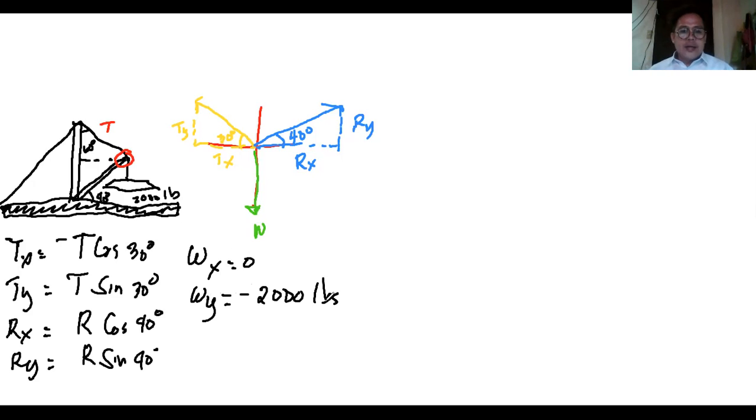All right, so let's now solve for the summation of the forces. So let's summarize the forces in the X and all the forces in the Y. So we'll have the summation of the forces in the X equal to negative tension cosine 30 degrees plus R cosine 40 degrees equals 0.